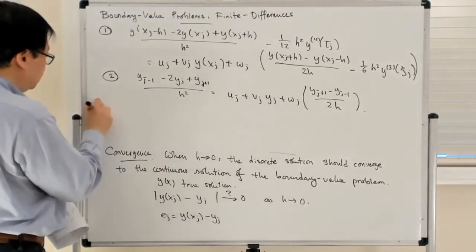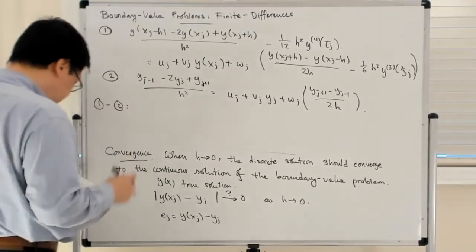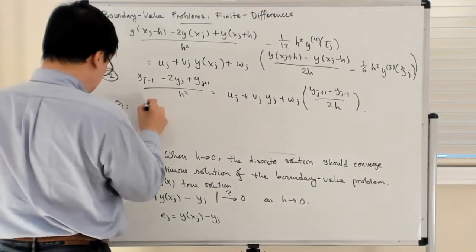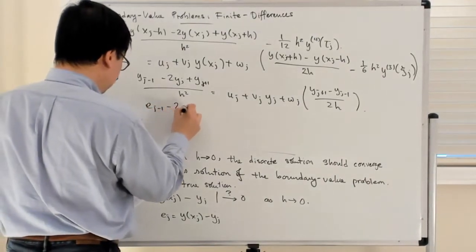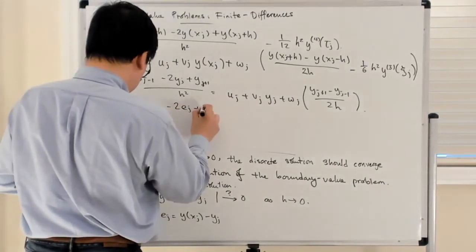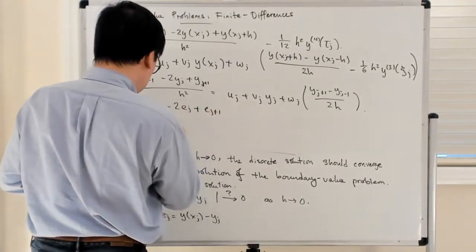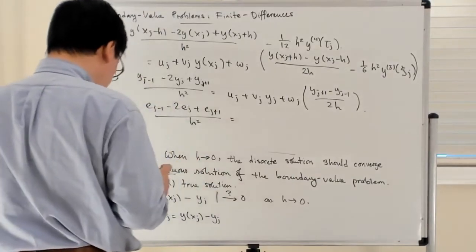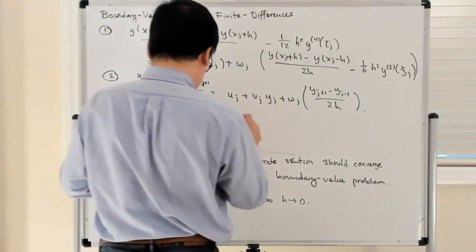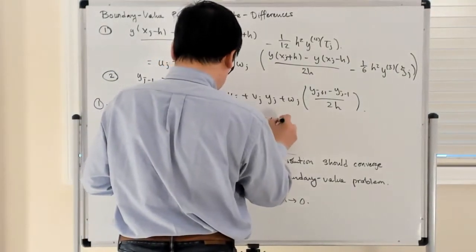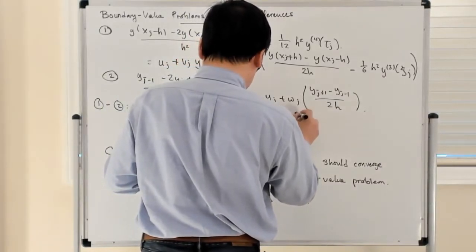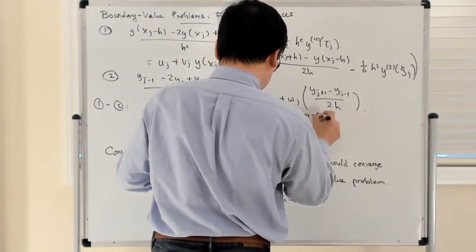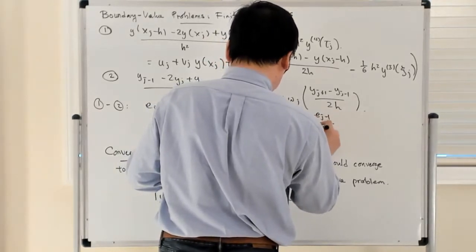So ej minus 1 minus 2ej plus ej plus 1 over h squared is equal to vj ej plus wj times ej plus 1 minus ej minus 1 over 2h.